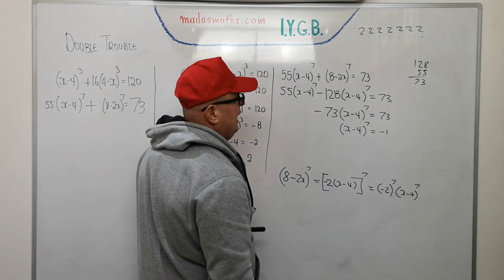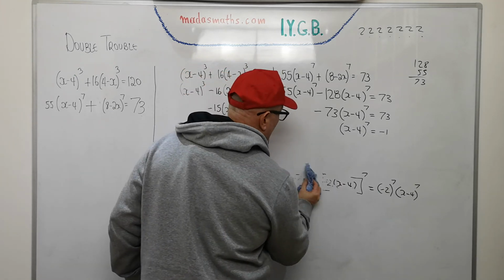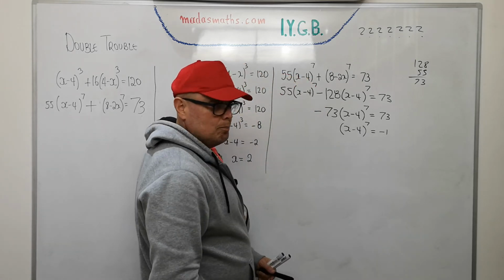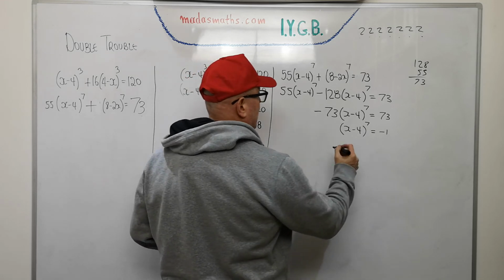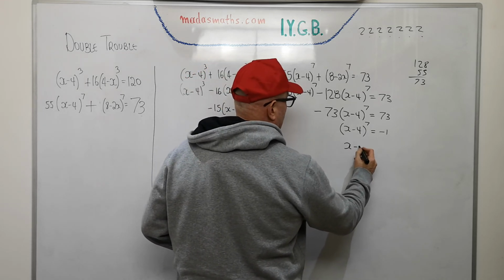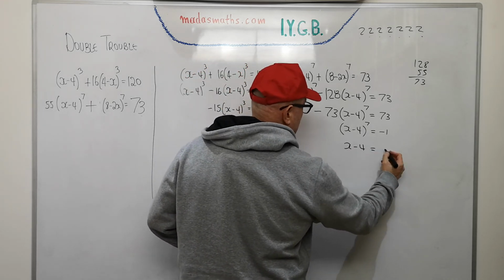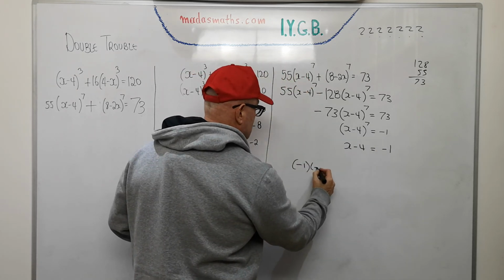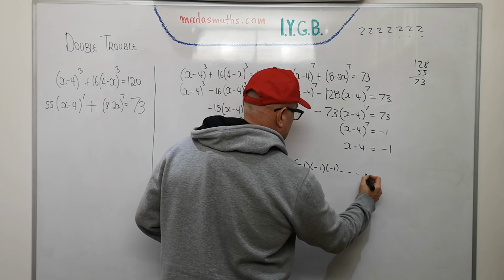And of course, what is the seventh root of minus 1? The answer, of course, again, because it's an odd power, the answer is unique. And I hope we can actually see that this is in fact minus 1. Minus 1 times minus 1 times minus 1, 7 times.